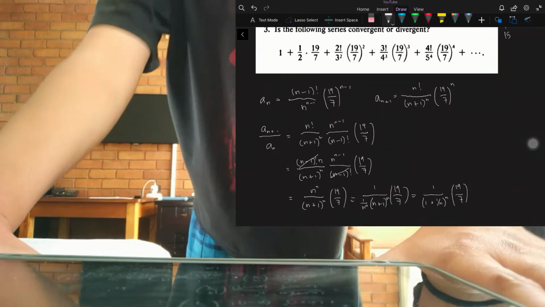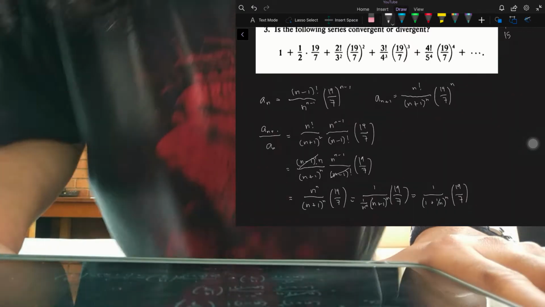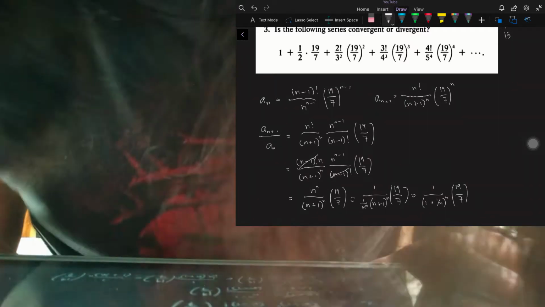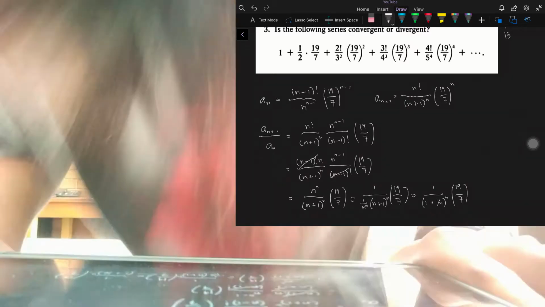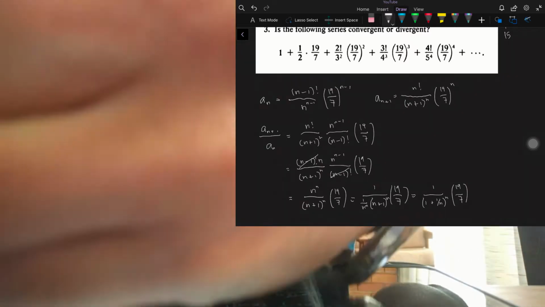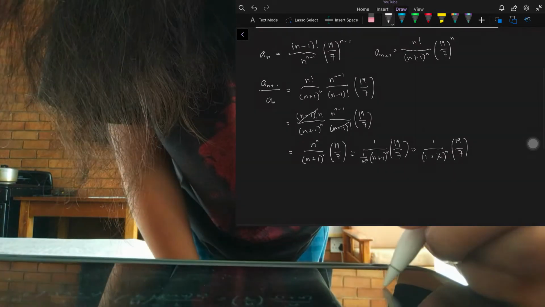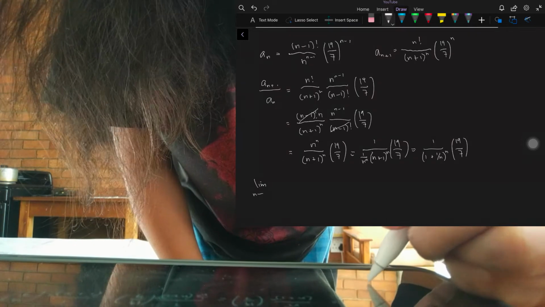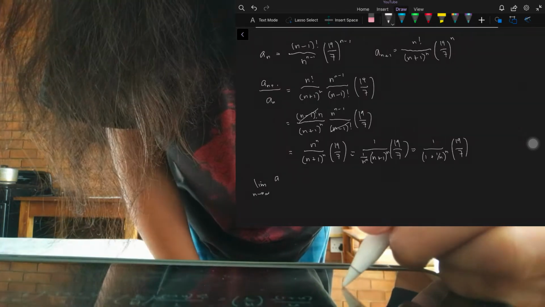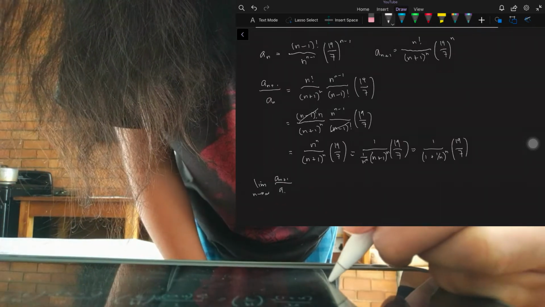16, 17, 18, 19, 20. So now we take the limit as n approaches infinity of a sub n plus 1 over a sub n.